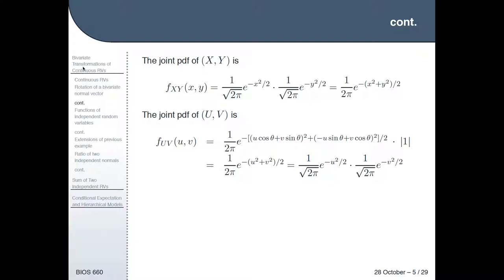We end up with e to the minus (u squared plus v squared) over 2, which of course is just equal to the product of two normal PDFs with respect to U and V, which tells us that U and V are both independent normal 0, 1s, as we were trying to prove. Make sense thus far, more or less? Okay.